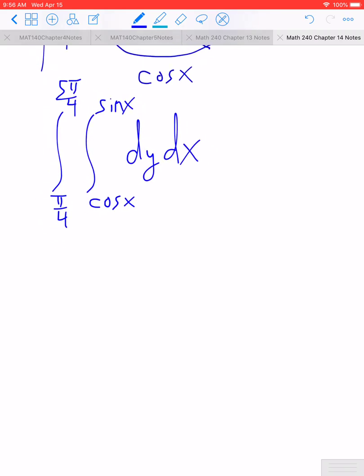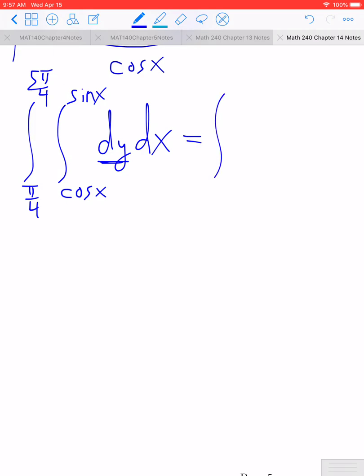It's a good idea, especially as you're first learning this, just to check it out. This iterated integral should be fine. The first integration takes place with respect to y, and sure enough, we only have functions of x for the bounds in that first integral, so we should be good to go. Everything looks good.